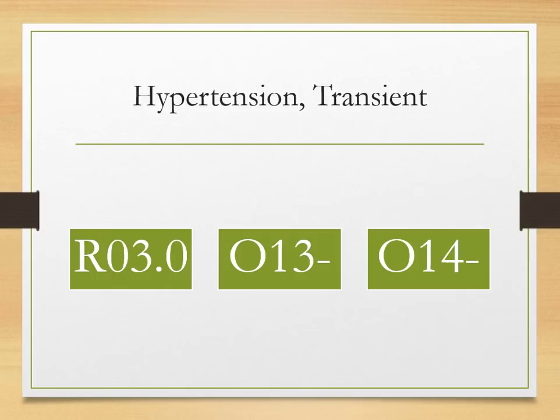You're going to use I10 instead. We also have code O13 family, which is for gestational hypertension without significant proteinuria, and O14 preeclampsia for transient hypertension of pregnancy.